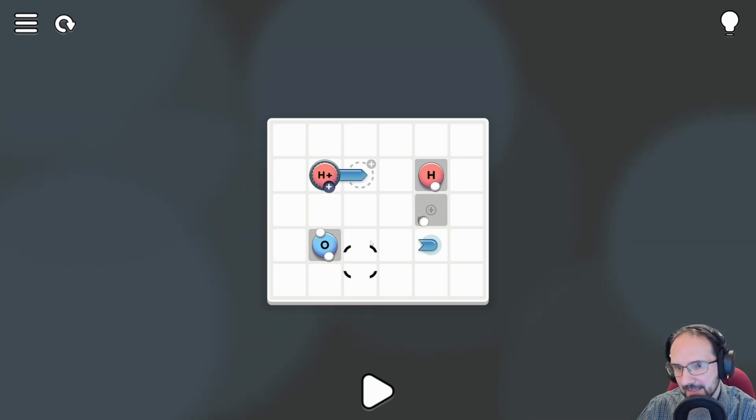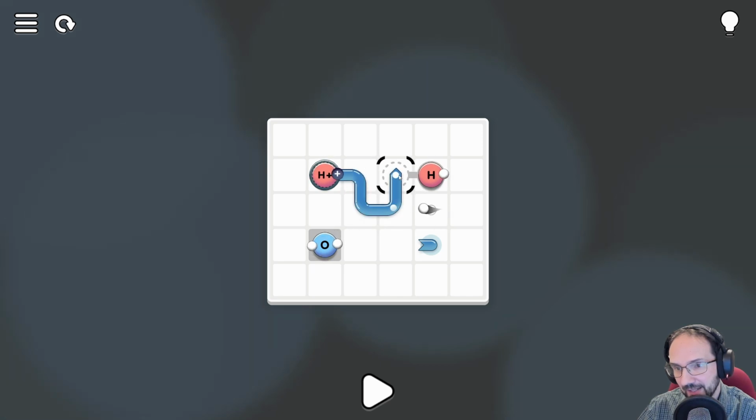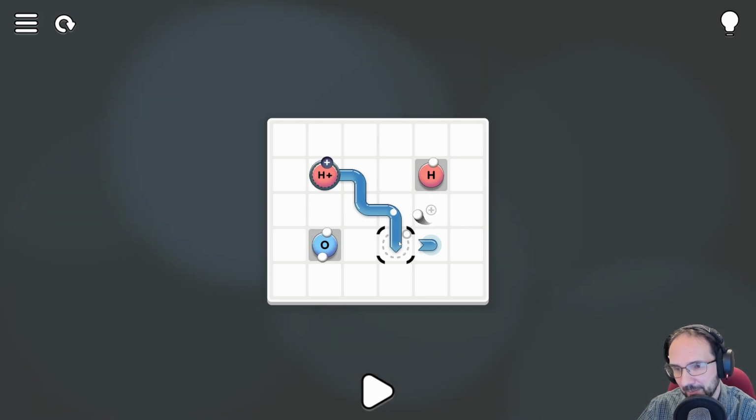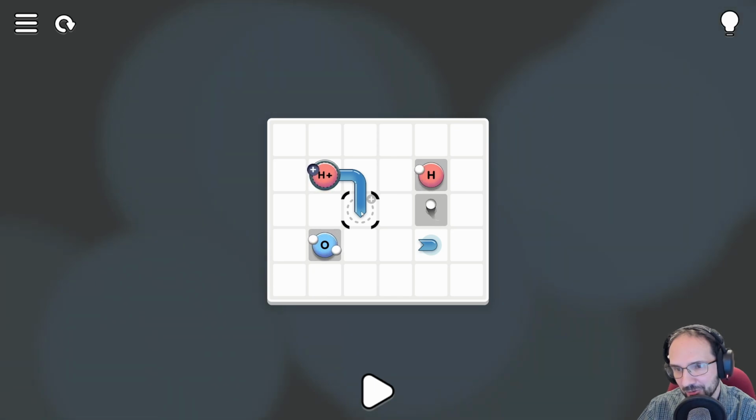Okay. So we can't bond until we get the electron. So we've got to get the electron first. Means we've got to go there and then not there because then we can't bond with anything else. But we can't go down there because then we block the exit. So that means we can't do it like that. But how else can we get the electron?